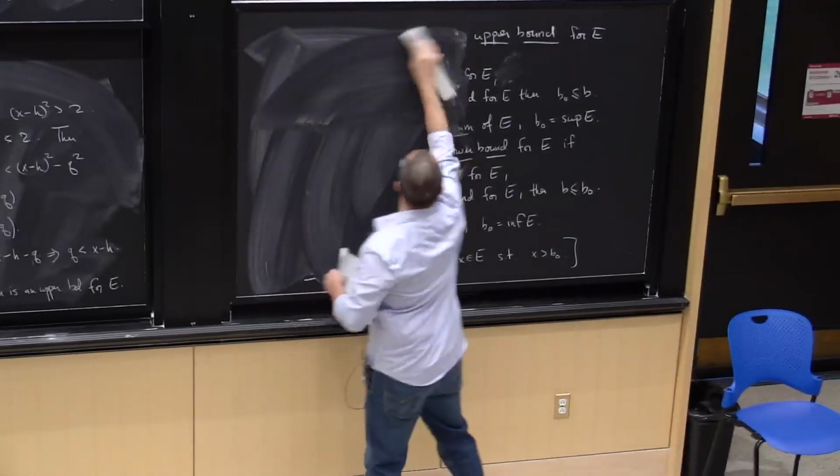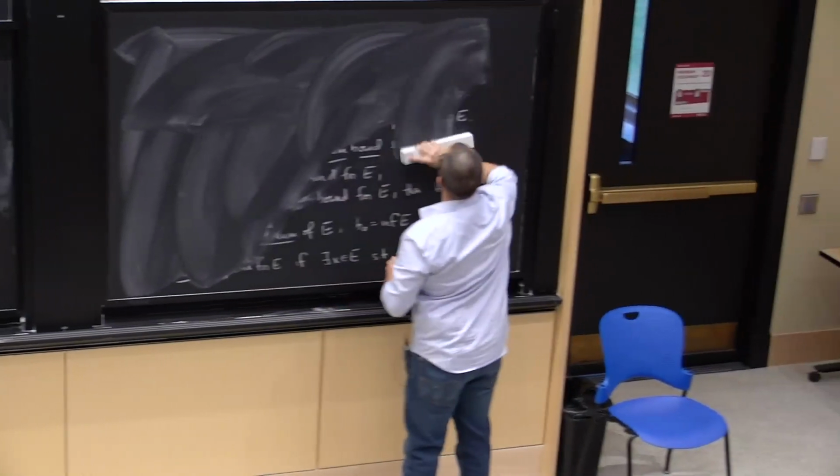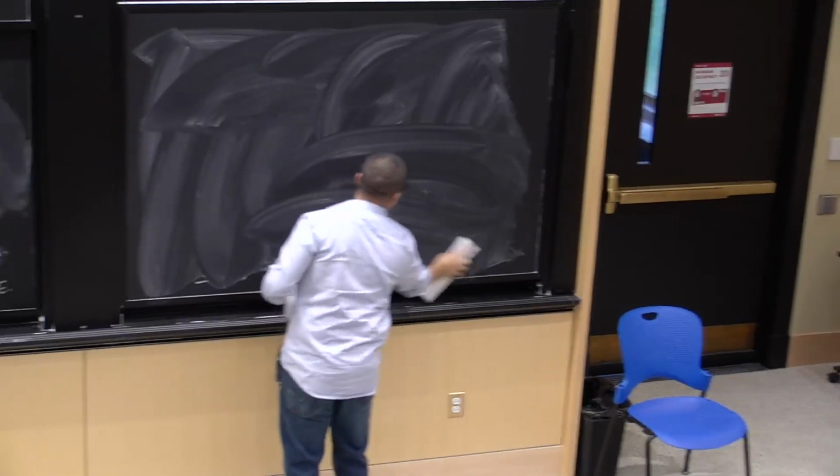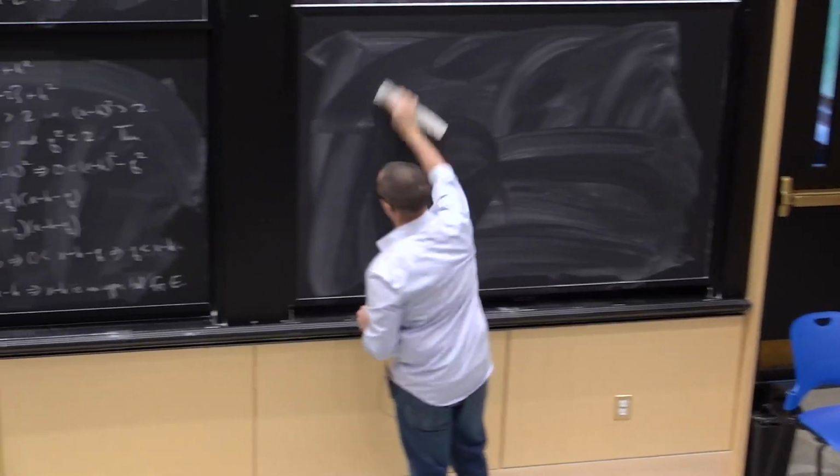So now I'm going to prove that no supremum exists by using the previous theorem, which says if I have a supremum, then its square must be 2.